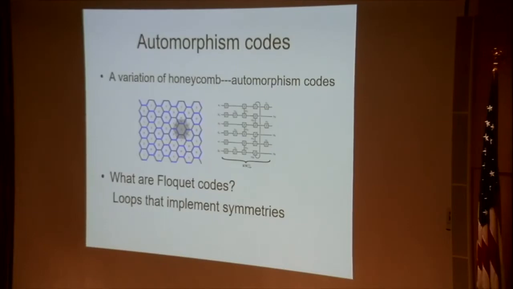For those who don't know, Floquet just means time periodic. So what it means is that you can realize the symmetry sequentially in a loop. And I claim if you realize it in the right way, you will get a new error correcting code, and normally with much better properties. And the one we did for toric code, we wanted to try our new idea to get a new code, and we did.